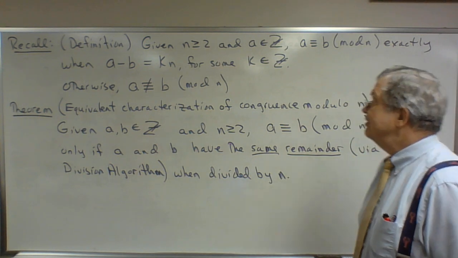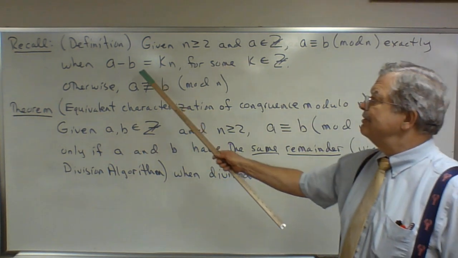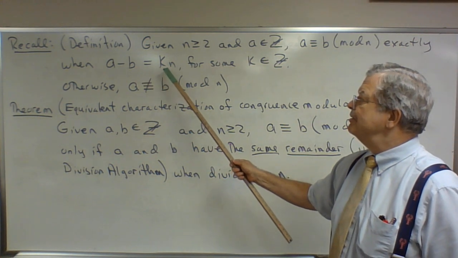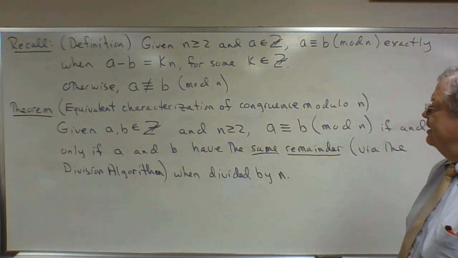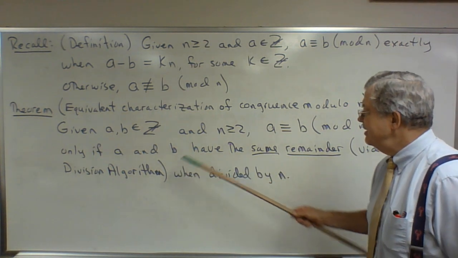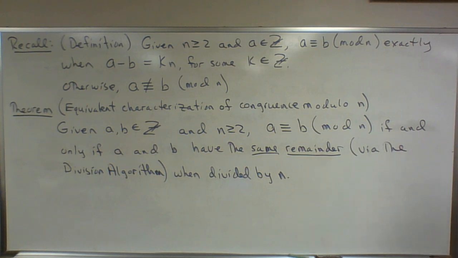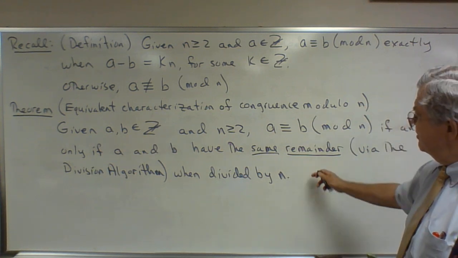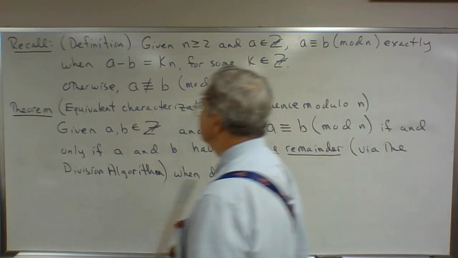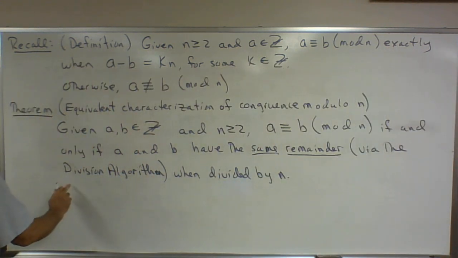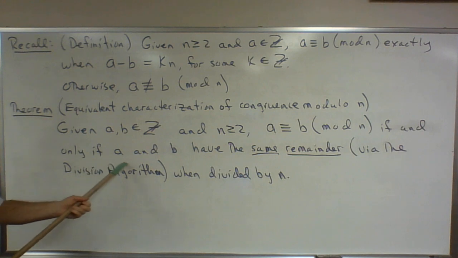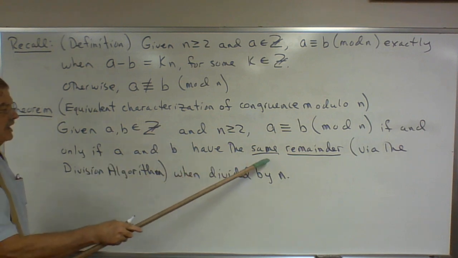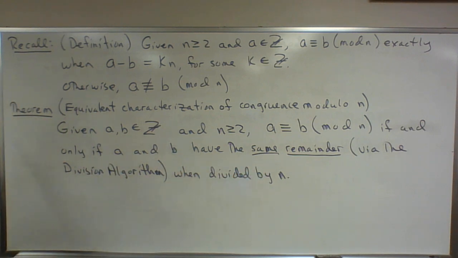We can either use the fact that the difference of a and b is a whole number multiple of n, or we can use the fact that a and b are going to have the same remainder when divided by n. And to make this complete, I'm also going to put this statement down here. If a and b don't have the same remainder when divided by n, then they're incongruent.